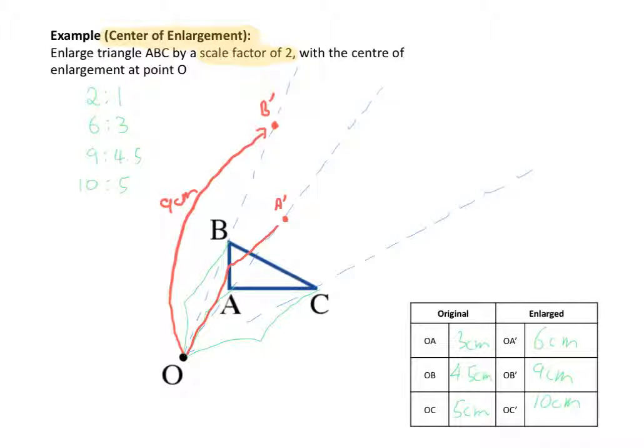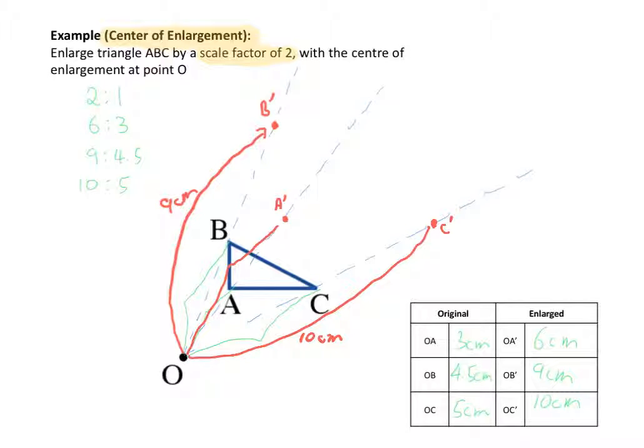So starting at O, measuring up to 10, putting a new dot and calling it the new C, I've measured from O all the way up to C, being 10 centimeters.